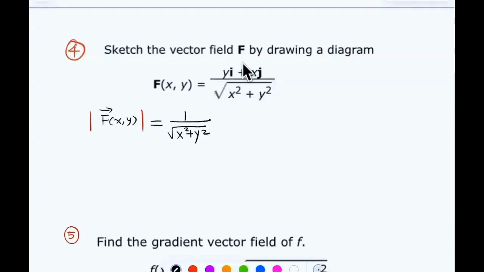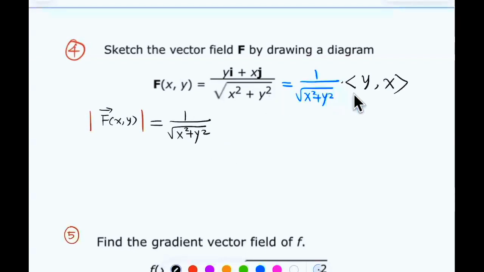To find the magnitude of this vector, we will square each component, and then sum them up and take the square root, right? So when I try to find the magnitude of this, I'm going to take 1 over the square root of x squared plus y squared, and then here will be the y and here's the x, like this.